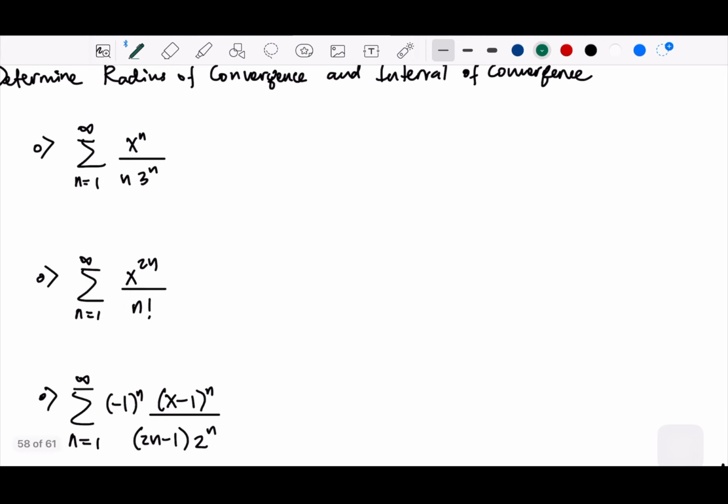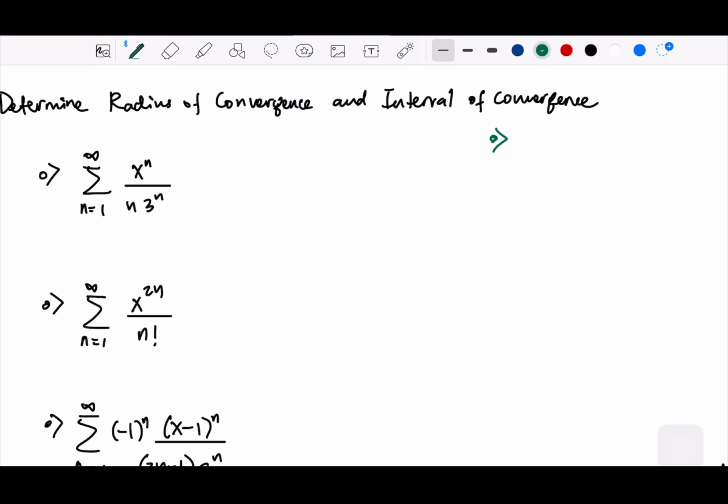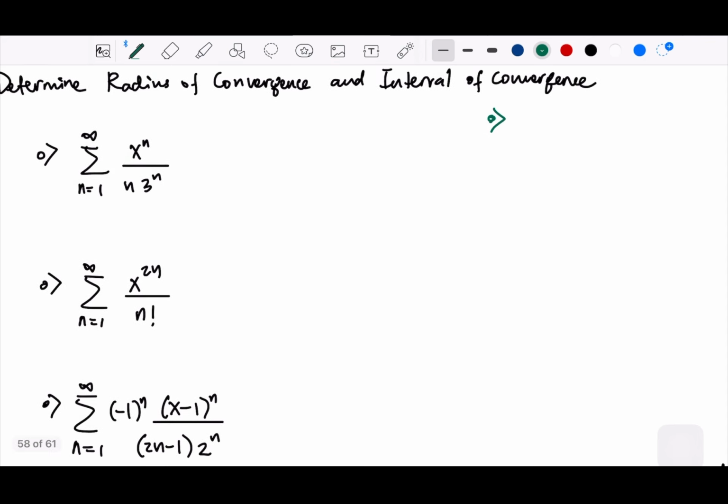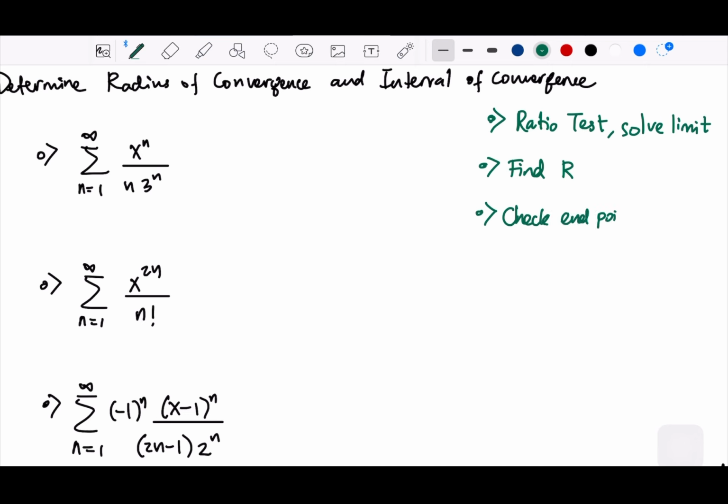So the process, to help you, let me write some of the logic or algorithm. First is take the ratio test and solve the limit, and then find R, and then check endpoints, or maybe not check endpoints. Find convergence and divergence.